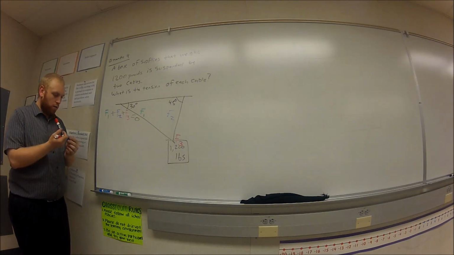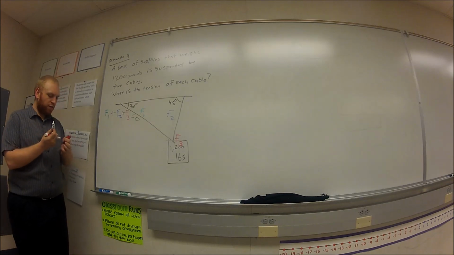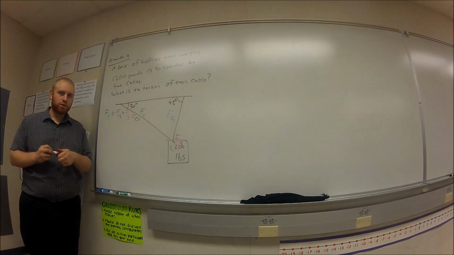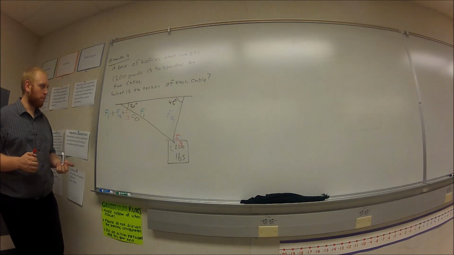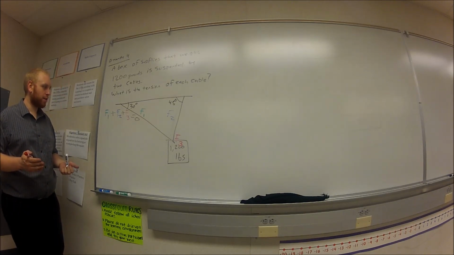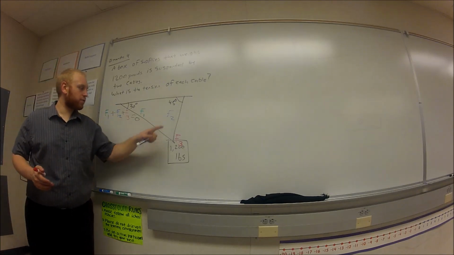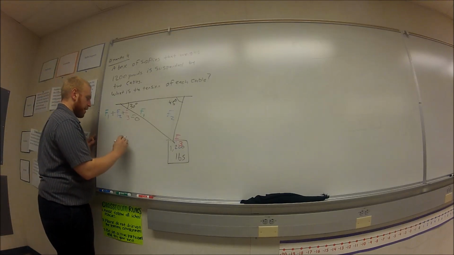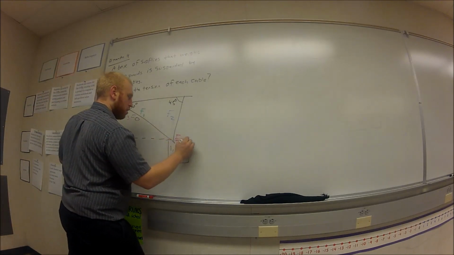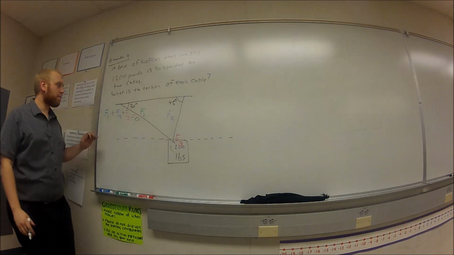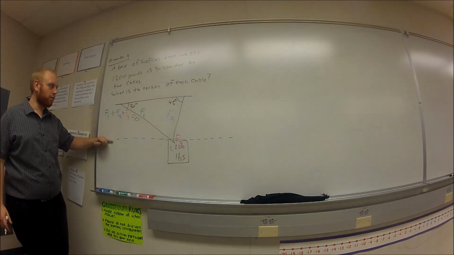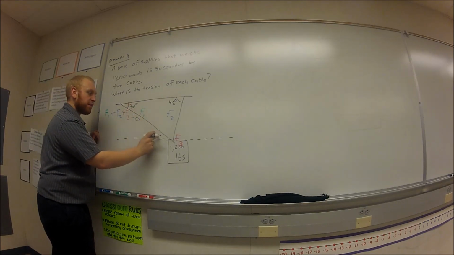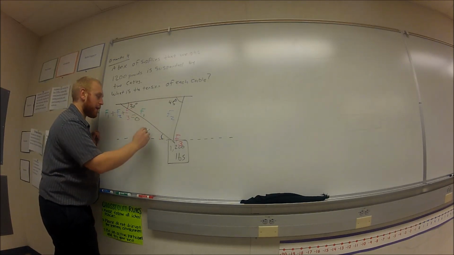Well, first thing, if we're going to figure out all these vectors, we need to know the direction angles. Remember that from yesterday? The direction angle has something to do with the x-axis, and we've got to make these somehow into vectors. Think about this. Draw a parallel line down here, and think alternate interior angles.